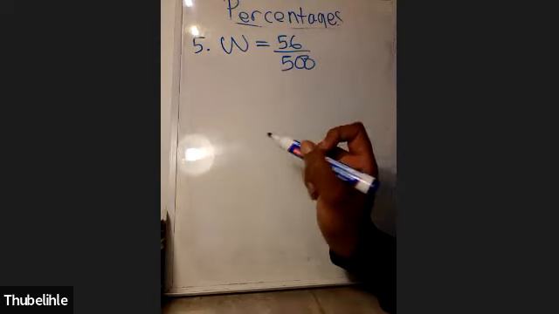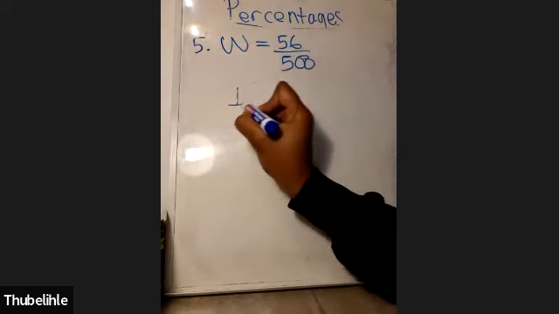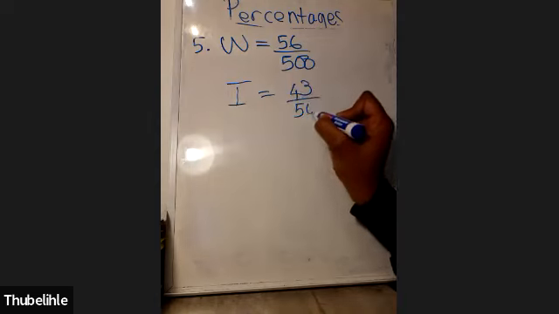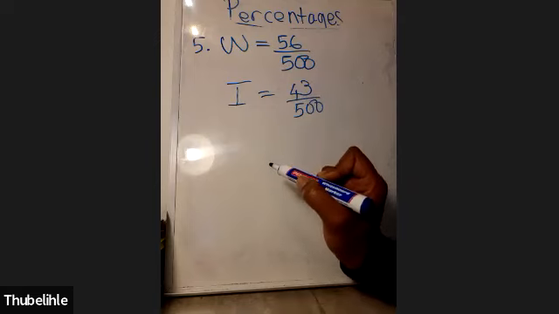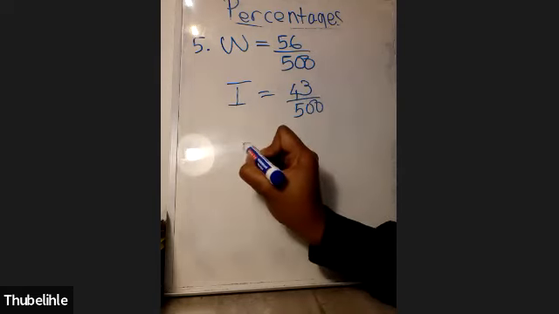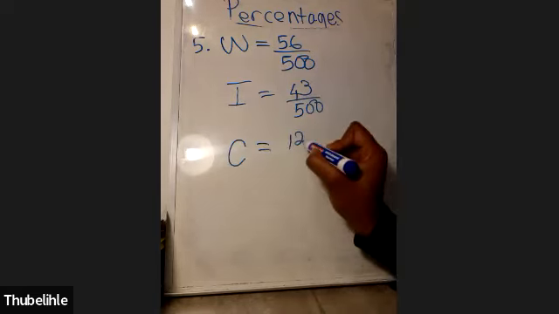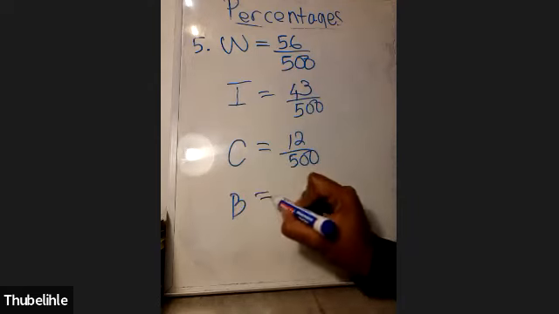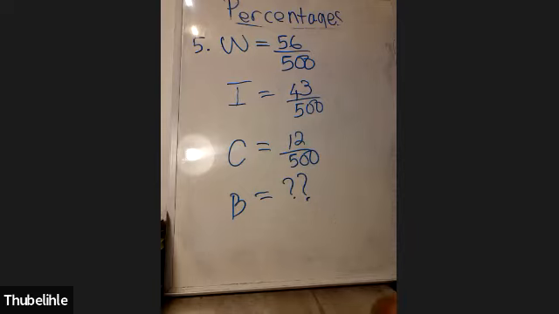The next part says there's 43 Indians. Okay. And then the last part says 12 coloreds. And the rest are black. So they do not tell us how many black people there are.